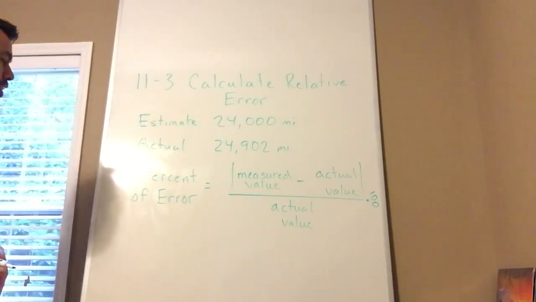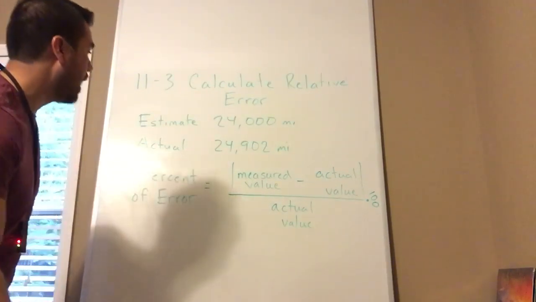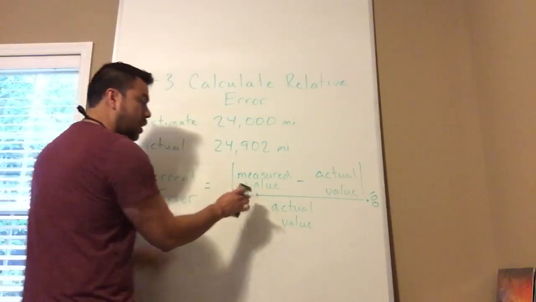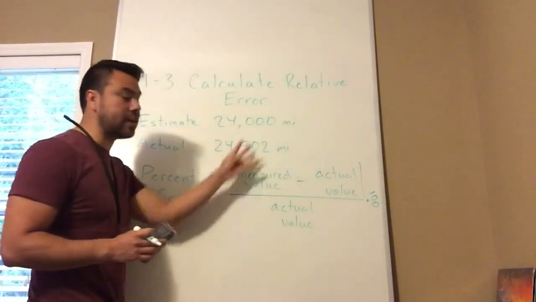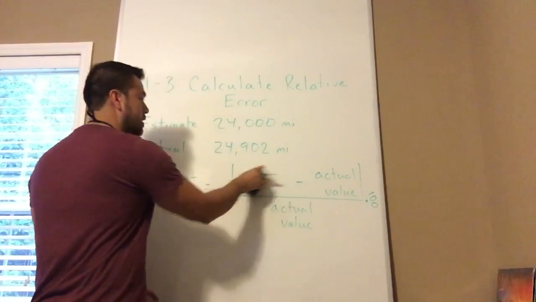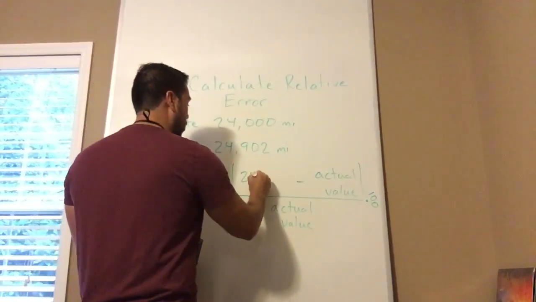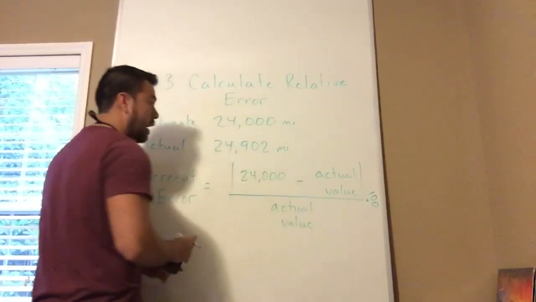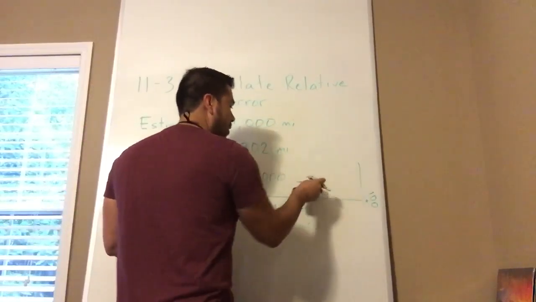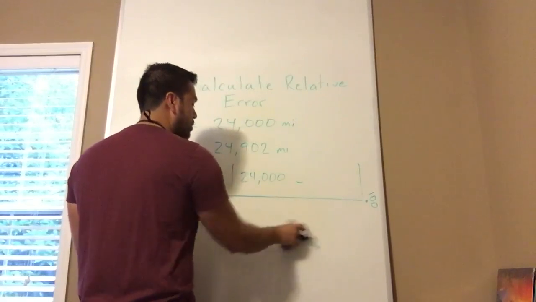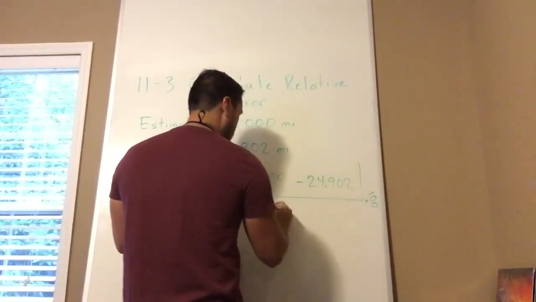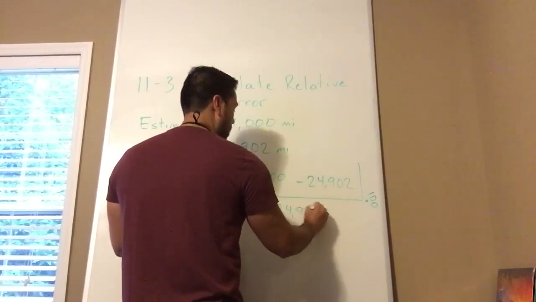All right, so here our measured value was 24,000 miles. So write this down, and then you can write it again, but with the actual numbers in there. And then the actual value, which is going to go on both of these spots, was 24,902.